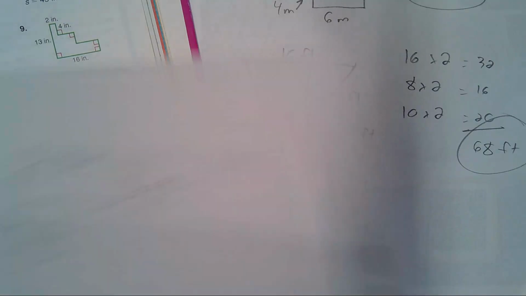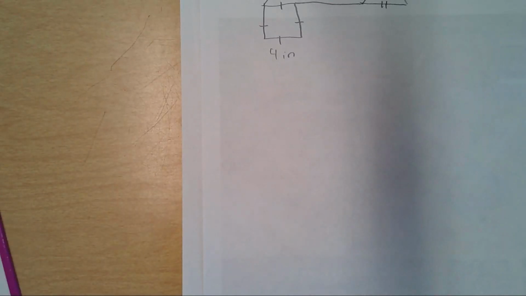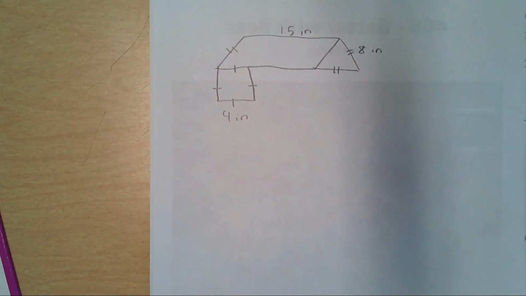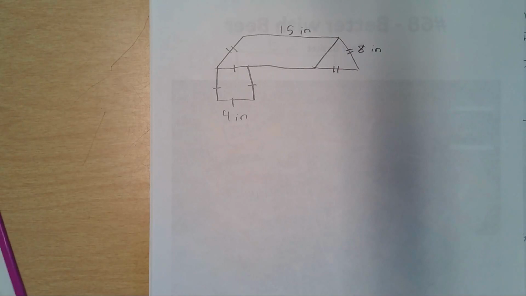Okay, try this one. Yeah, 6 right there. Wait, is this the 3D figure? What's the perimeter? Is that in the book? It's kind of, but I took different numbers though.